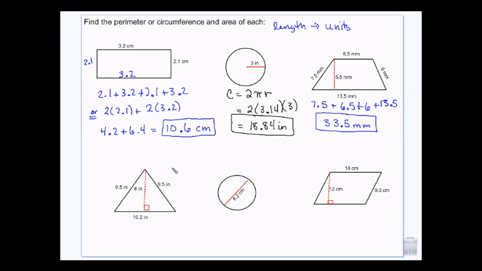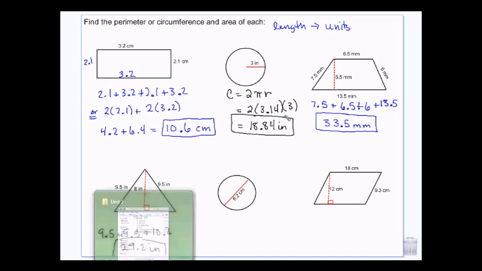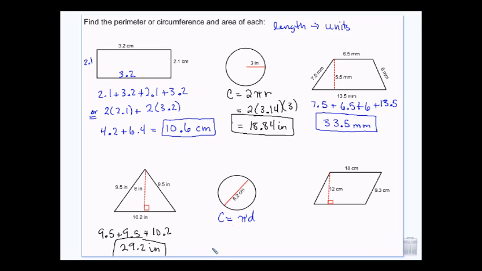Okay. Perimeter of a triangle, same. We're just going to add up the sides. I'm going to get 29.2 inches. Now, circumference of a circle, we can use 2 pi r, or you can use pi times the diameter, because 2 times the radius is the diameter.